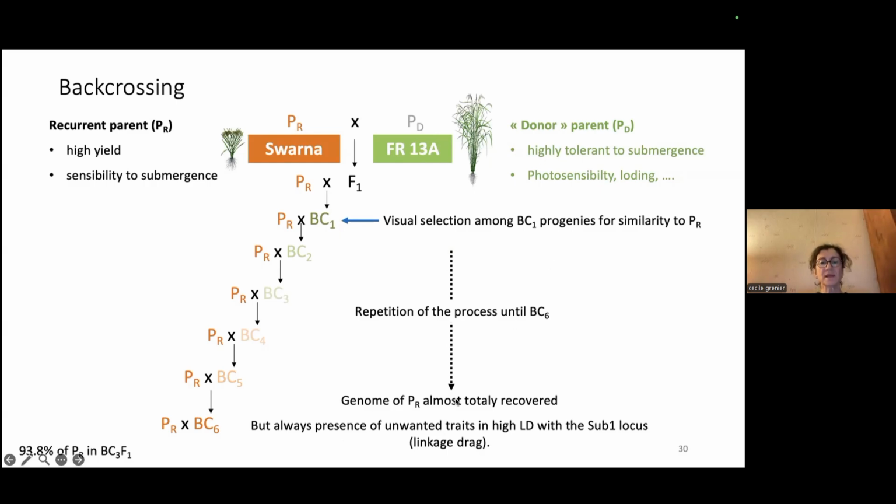The problem is that you always have remaining material from the donor that you may not want, and this is due to linkage disequilibrium, because some genes may be linked to the SUB1 QTL and will be dragged along with SUB1.